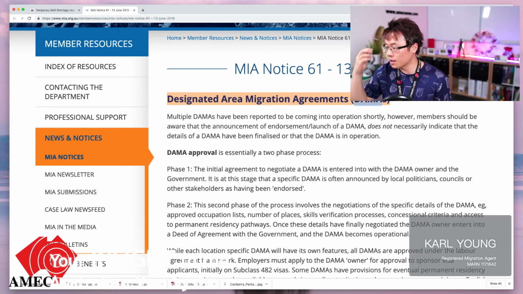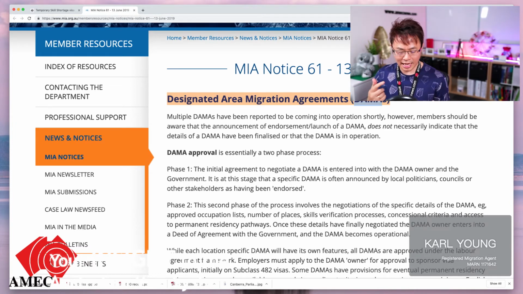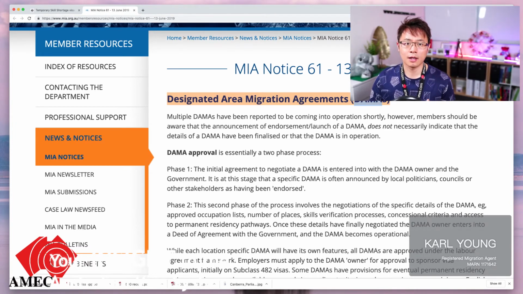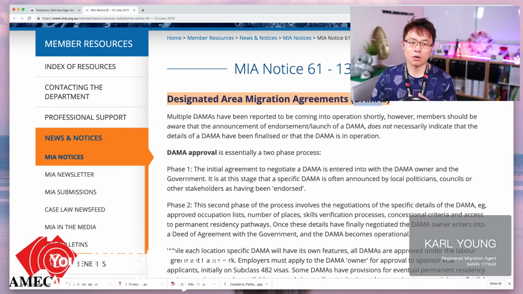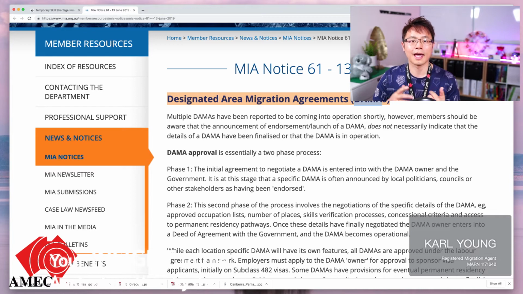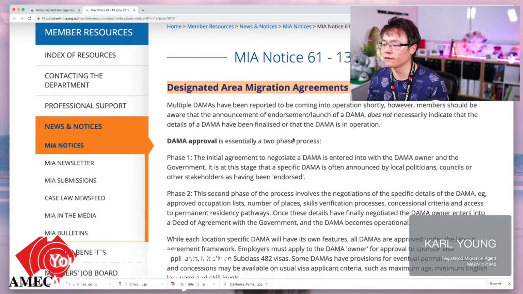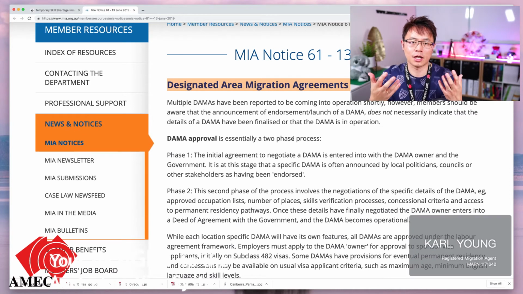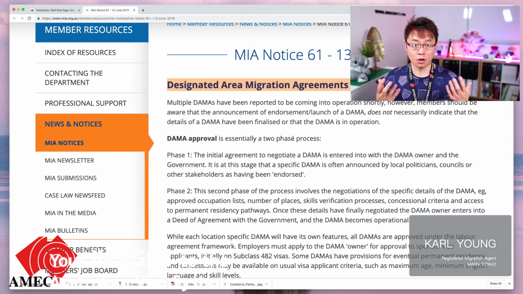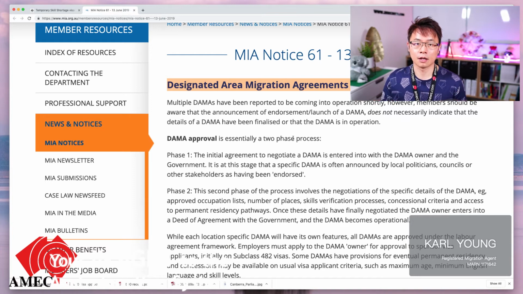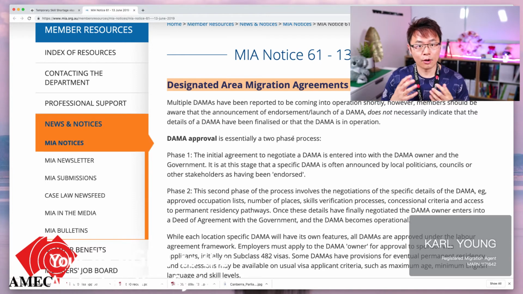Okay, now the upcoming one will be Adelaide, South Australia. There's a part of Victoria, part of New South Wales, and also part of Western Australia, and upcoming the northern part of Queensland as well. So obviously, whatever we have chatted about previously of the eligibility requirements for these employers are required to be met.